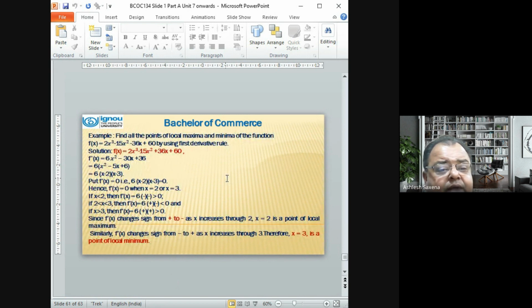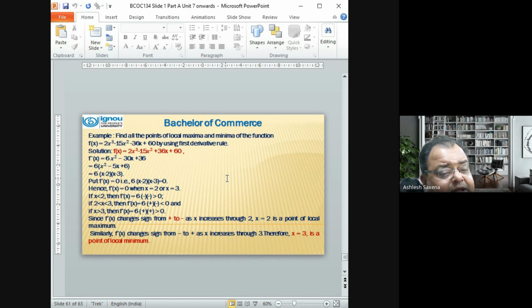Now you have to find the points of local maximum and minimum of the function. We have the function 2x cubed minus 15x squared plus 36x plus 60. Straight away, without doing anything, find the derivative, and after the derivative, reduce it to the simplest multiple form.